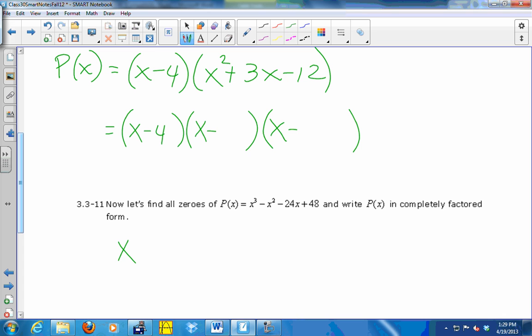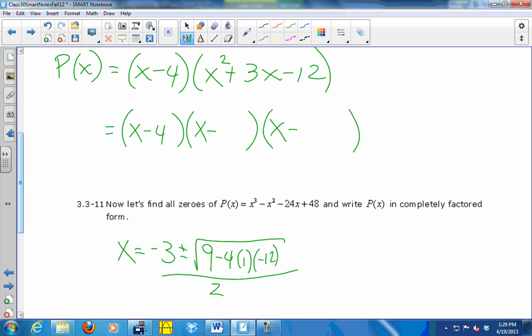And I get x equals negative 3 plus or minus the square root of 3 squared minus 4 times a times c all over 2. So we have negative 3 plus or minus the square root of 9 plus 48, which is 57, all over 2. So those are my two other zeros.